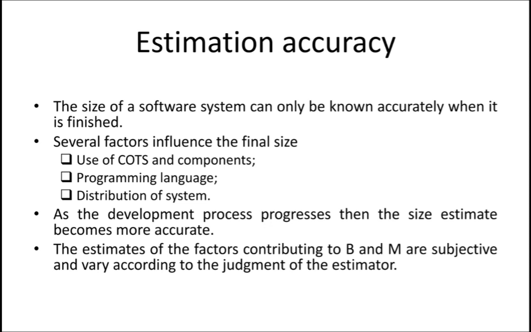Some size may be increased if you use one programming language, or reduced if you use another. Use of COTS and components, based on what type of components you use, also affects the final size of the project. Also the distribution of the system, what type of distribution you have adopted, is going to affect the final size of your software.